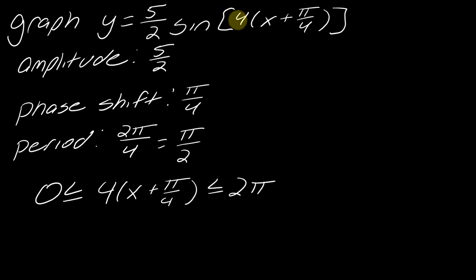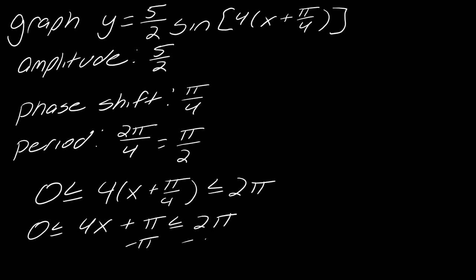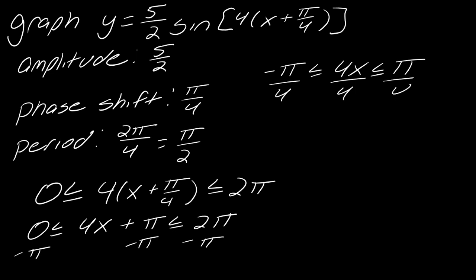I always wedge this part in between 0 and 2 pi, and then I solve this 3-part inequality so that I can figure out where I start and I end. In this case, I'm going to have to distribute, and then I can subtract off my pi. So I get negative pi is less than or equal to 4x less than or equal to pi, and then divide all sides by 4. Negative pi over 4 less than or equal to x less than or equal to pi over 4.